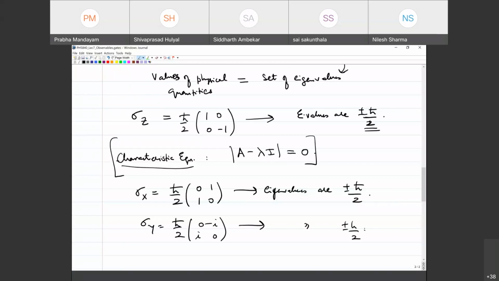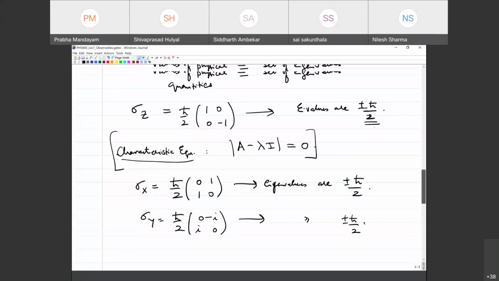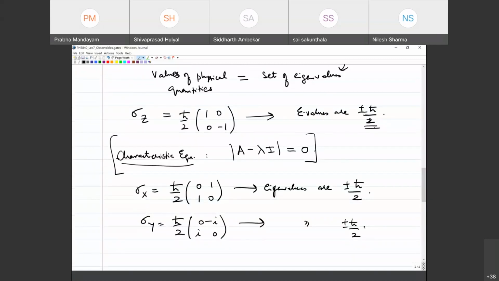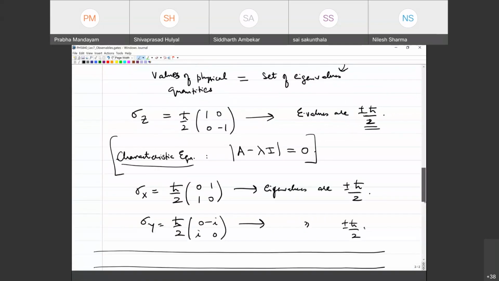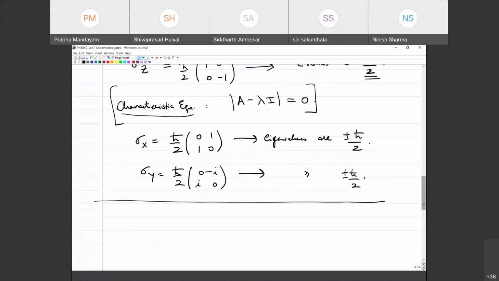So this pair of values, plus minus h bar by 2, are indeed the values that the spin angular momentum can take along any of these directions, right? And the corresponding eigenvectors, so this was the first property, the first observation, that all these matrices have real eigenvalues.